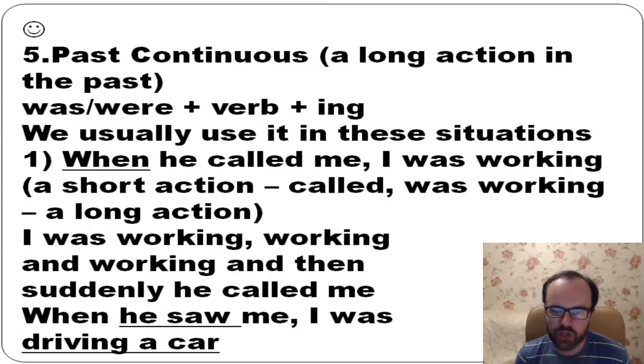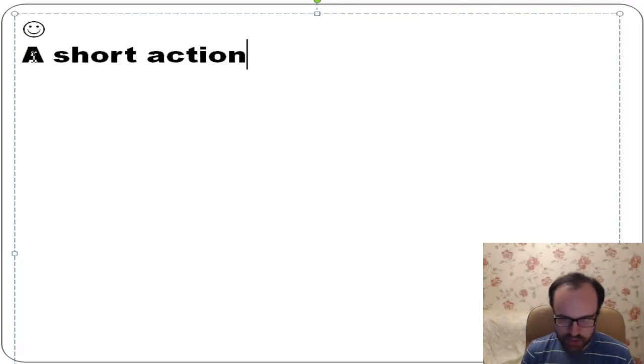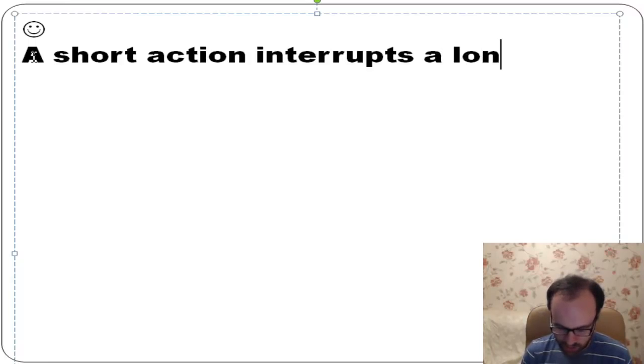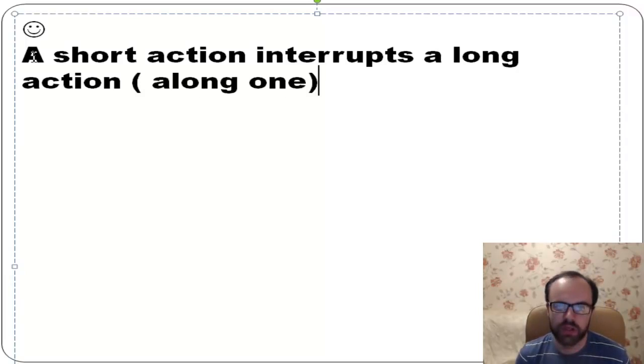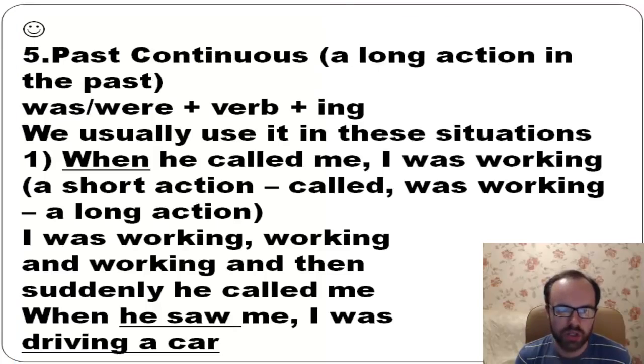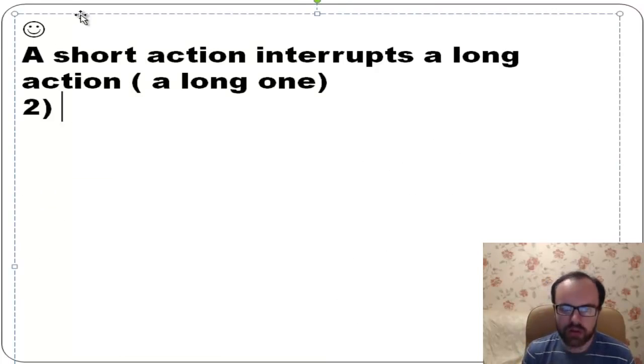So a short action interrupts a long action, or a long one. So it's past continuous. It's about long actions.